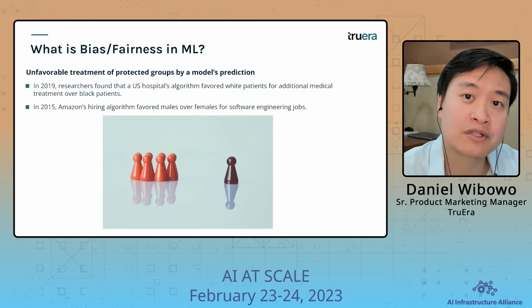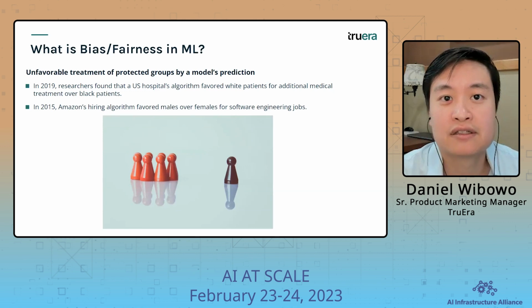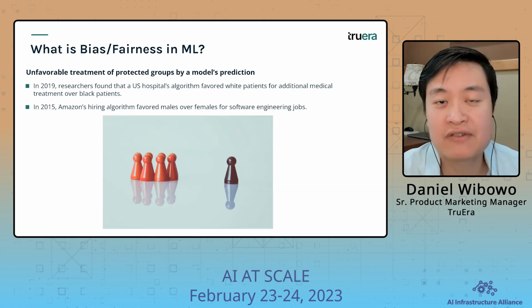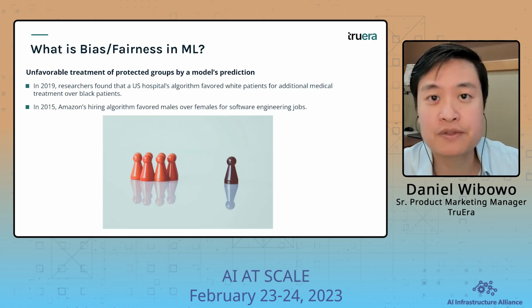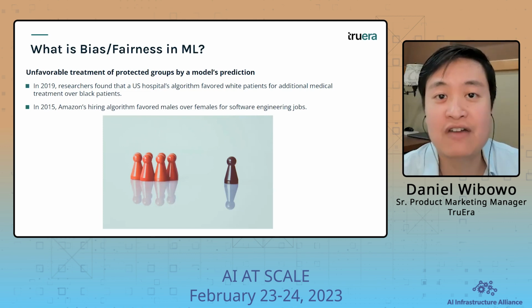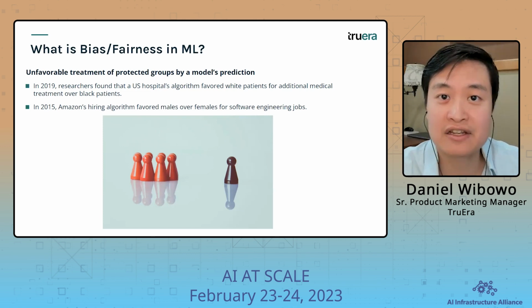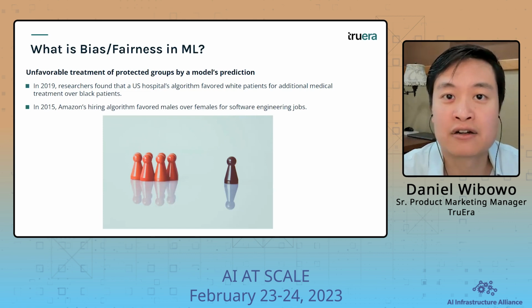The third form of testing is bias and fairness, where you're looking at unfavorable treatment of protected groups. These protected groups include race, gender, as well as demographics. And here are two examples of where AI algorithms have gone wrong.